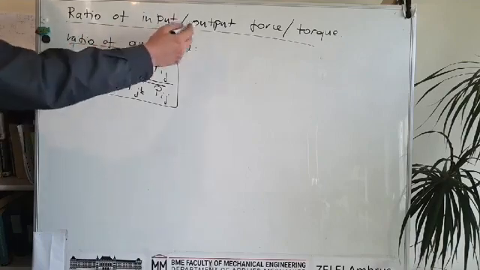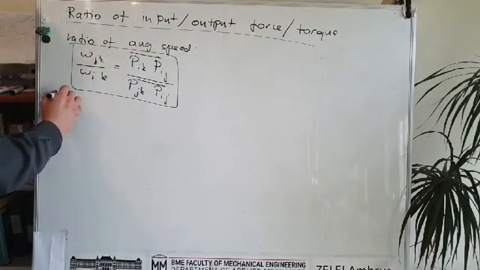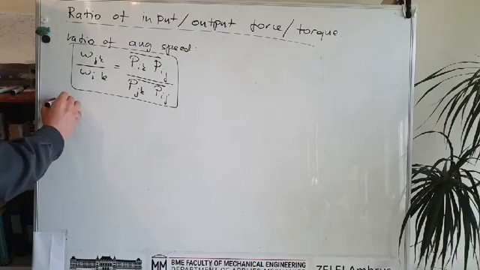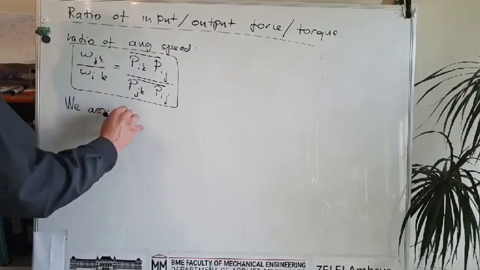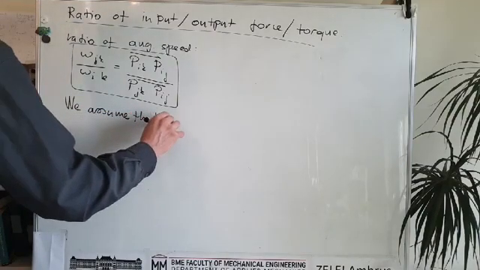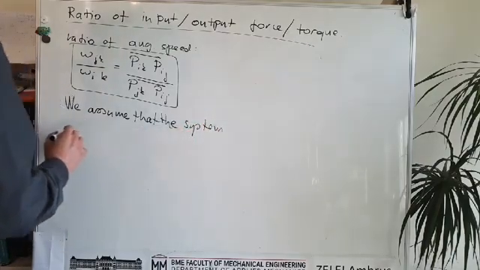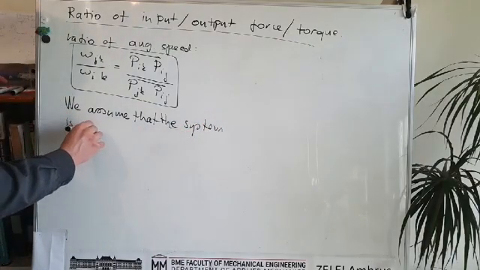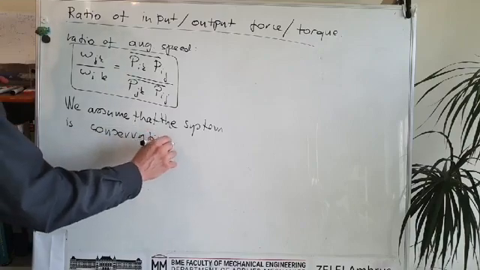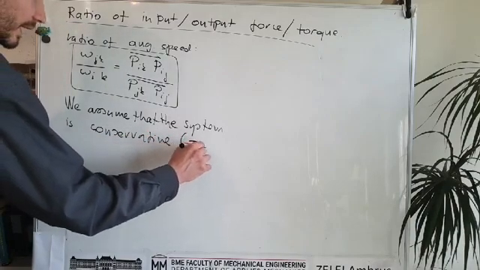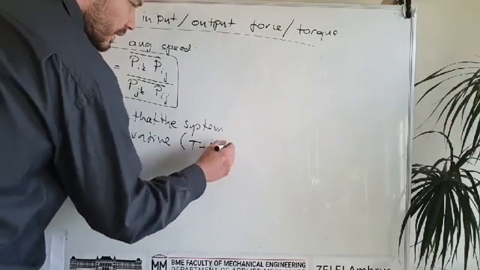And the idea to obtain the ratio of the input and output torque is to say that the system is conservative. So we assume that the system is so-called conservative, which means that the kinetic energy and the potential function is a constant.